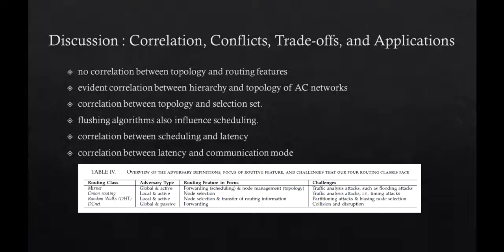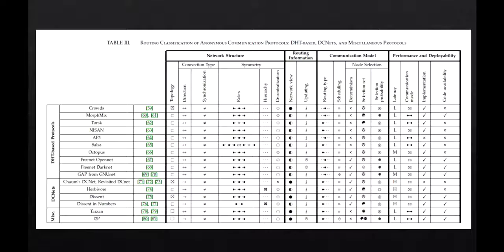Correlation, conflicts, trade-offs, and application. We'll be talking about a few of the correlations between topology and routing features, like one column topology and the routing type from the communication model.